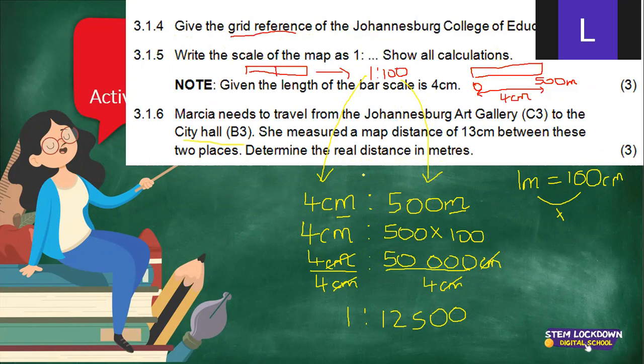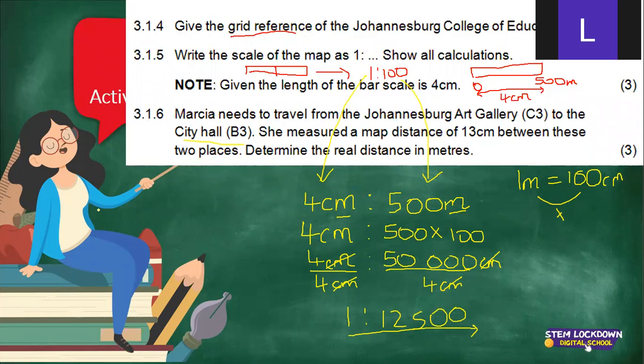I can use my ratio scale. I can also use my number scale, right? Due to time, let me just quickly go through this one. Remember, if I'm using my bar scale, the length of the bar is 4 centimeters.